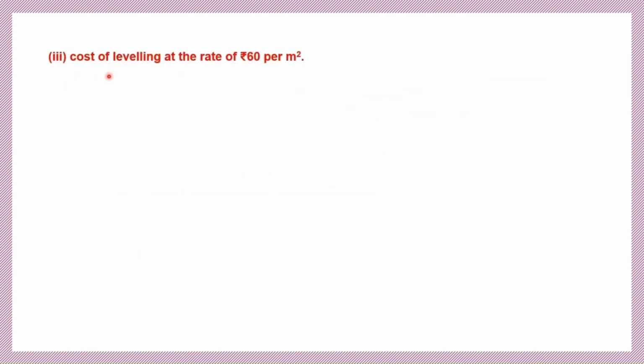Now we're going to find the cost of leveling at the rate of 60 rupees per meter square. When we're talking about leveling, remember it's a whole field, the inside part. So we're talking about the area. So area is something that we already found out, and that is 9,375 meter square.